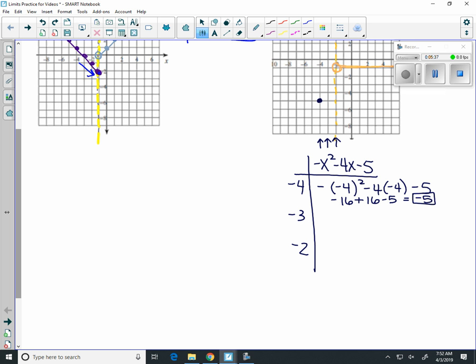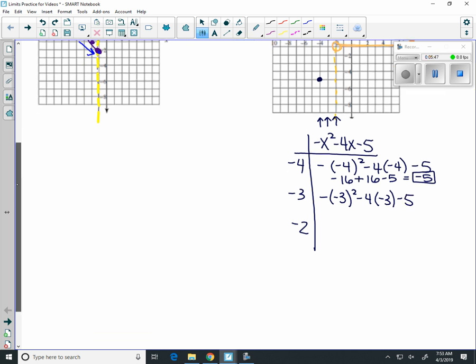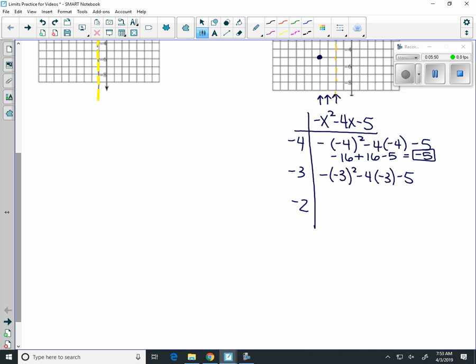I'm going to do the same thing with negative 3. And precision here is important. You need to get the right values. So when I square negative 3, I got positive 9. That becomes negative 9. Negative 4 times negative 3 is positive 12.